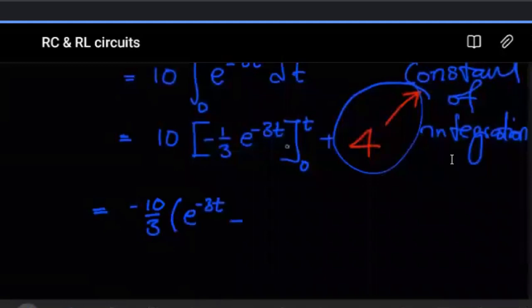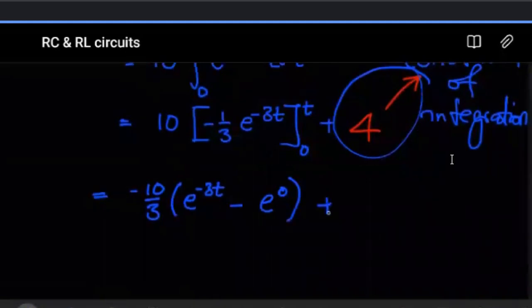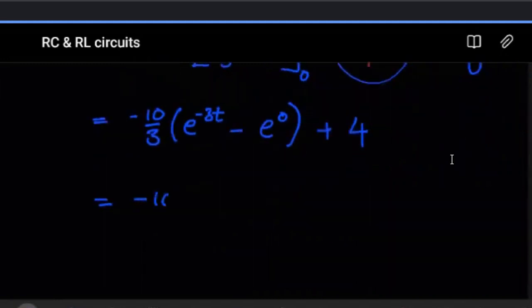Now where there's t, I'll put 0, this will be e to the power 0. Then we still have that plus 4 outside. So when I expand this, what I now have is minus 10 e to the minus 3t over 3, and the second part is going to be plus 10 over 3.